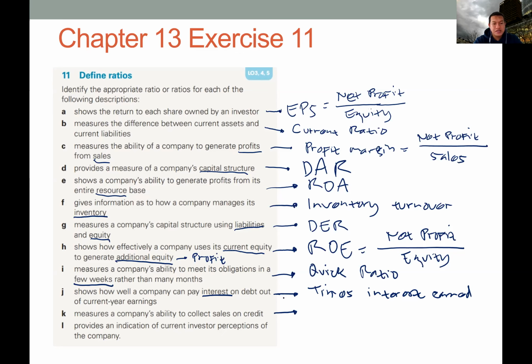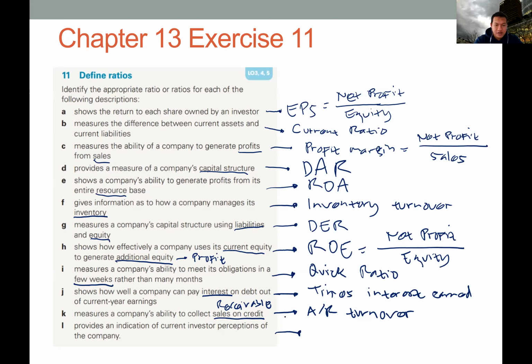Next, measures a company's ability to collect sales on credit. Sales on credit will be captured in their receivable. So this basically shows how effectively the company manages their receivable, which is the account receivable turnover. And the last one provides an indication of current investor perceptions of the company.